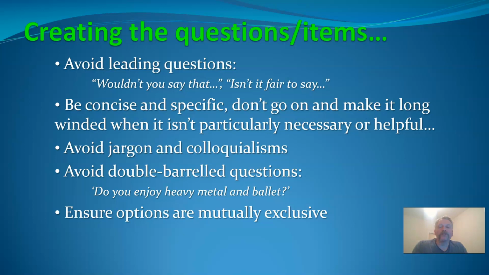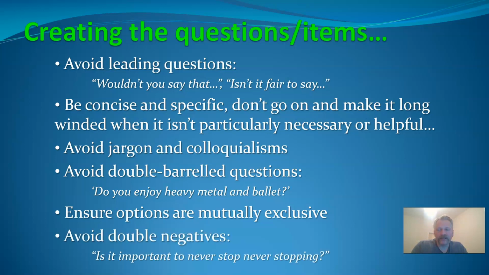So, make sure that the options and the responses that people can give are mutually exclusive, similar to above, so that there's no conflation between the two. And finally, avoid the use of double and triple negatives. People know that with double negatives, they are supposed to cancel each other out logically. But other people argue we tend to know what is meant when a double negative is used, which might not necessarily cancel itself out.